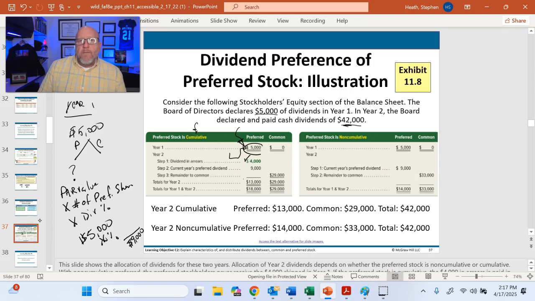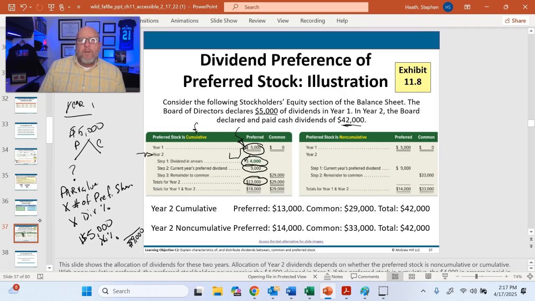So if I only paid 5,000 in the first year, then in the second year, we have to make the 4,000 makeup payment from the previous year, and then we pay the 9,000 that we always have to pay every year. So in the second year, we're going to pay $13,000.